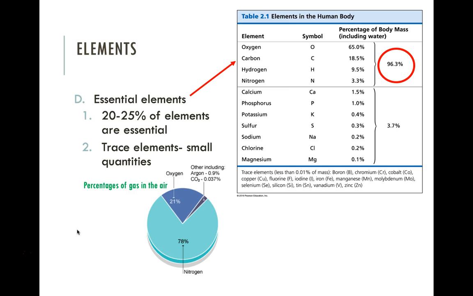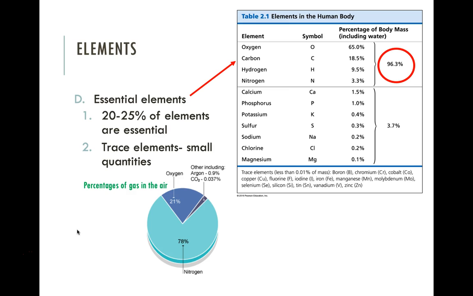Those four elements are considered essential. That means they are required for normal, healthy function of an organism. Those four molecules are also the basis of all of our big four biological molecules that we'll talk about in Chapter 3. Oxygen, carbon, hydrogen, and nitrogen are all the basis for those big molecules: carbohydrates, lipids, proteins, and DNA. And then there's a few others that are important as well, but those are the main ones.